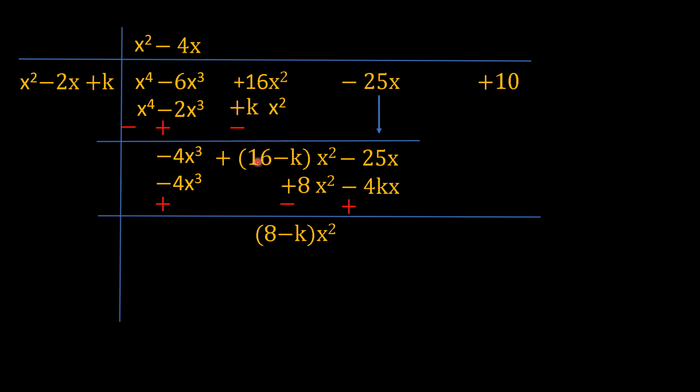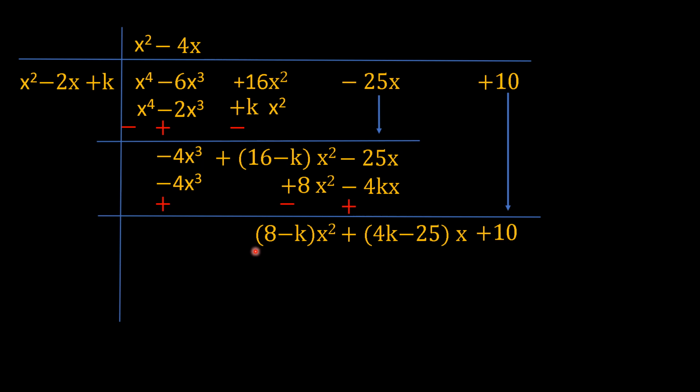See, 16 minus 8 will be 8 minus k multiplied by x squared. Minus 25 plus 4k will be (4k minus 25) times x. We will pull this plus 10 down here and write over here.